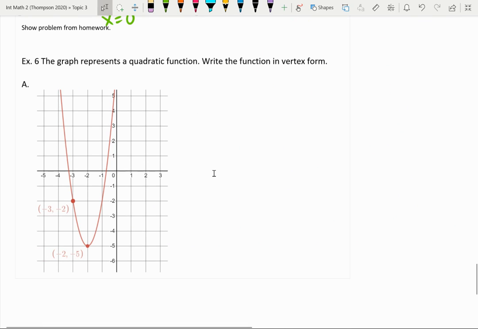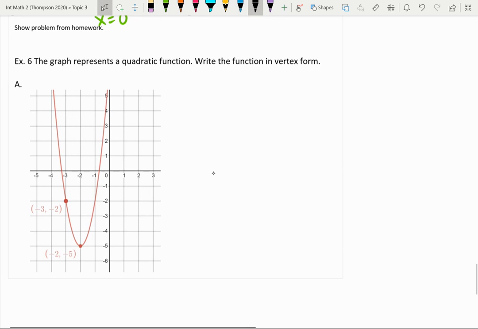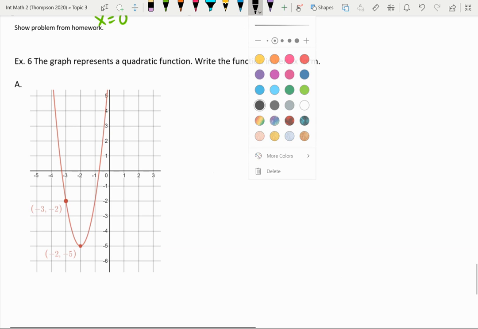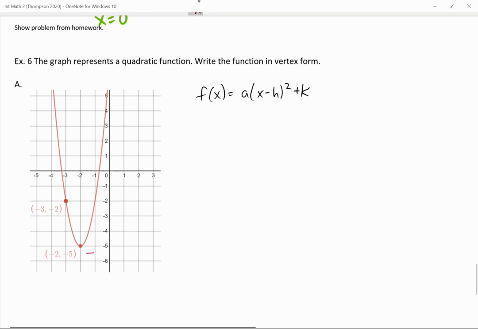So, the graph represents a quadratic function. Write the function in vertex form. So, first things first, get your vertex.